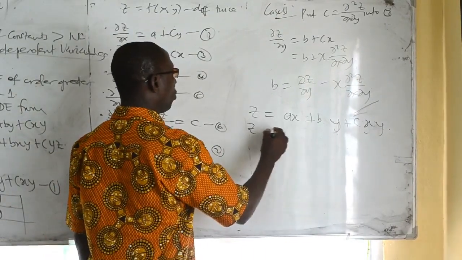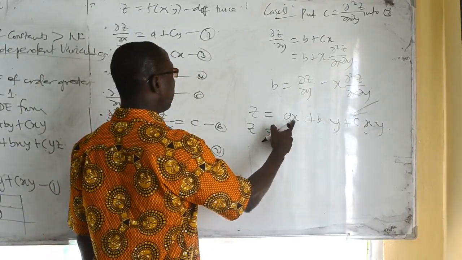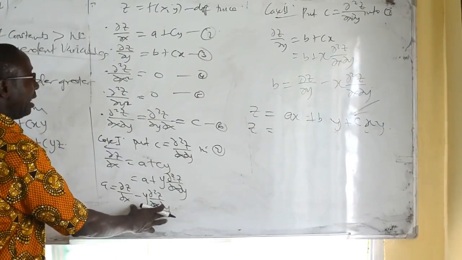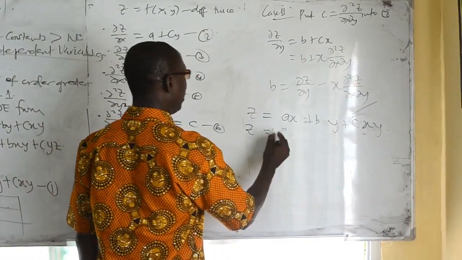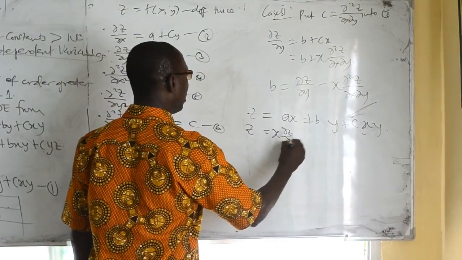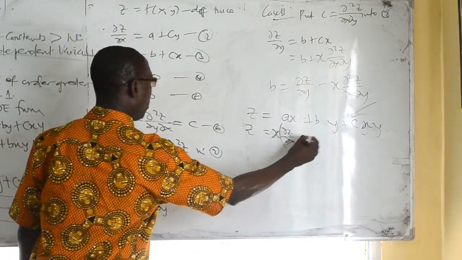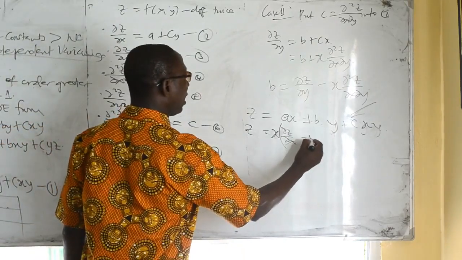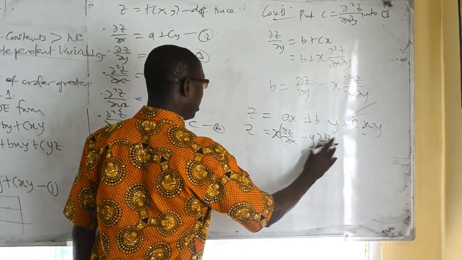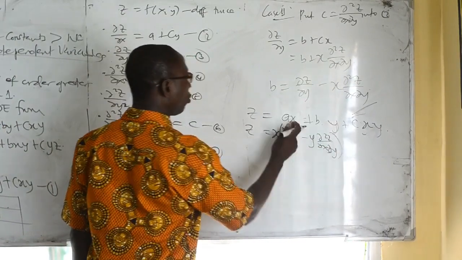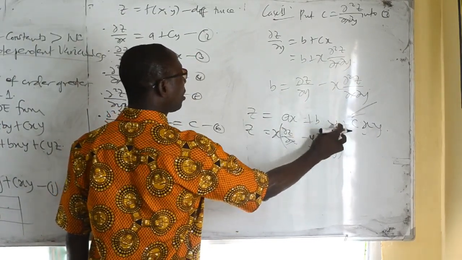So we have z equals x multiplying A. So we have this as my A. So x multiplying dz dx minus y d squared z over dx dy. So this is my A. B multiplying y.